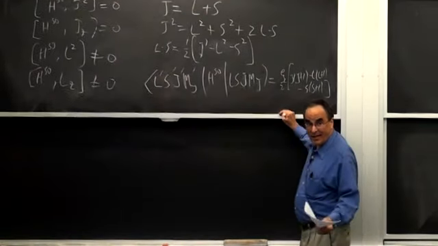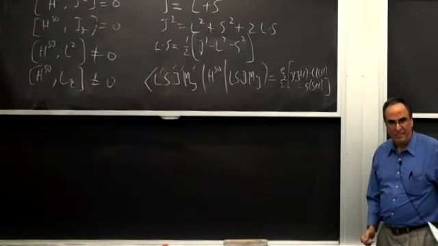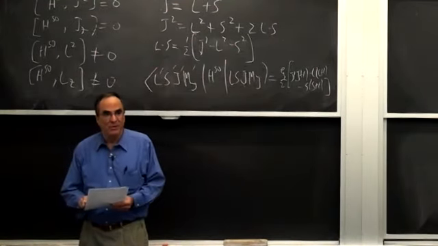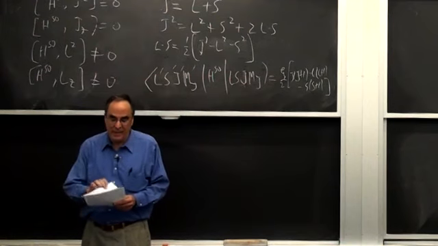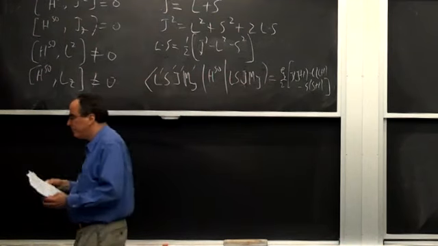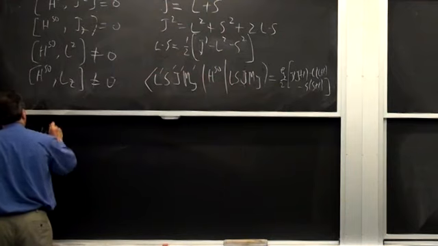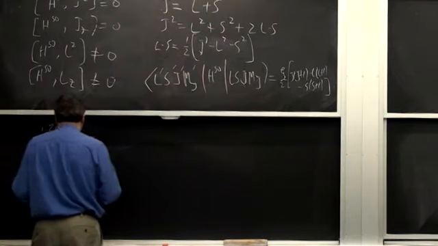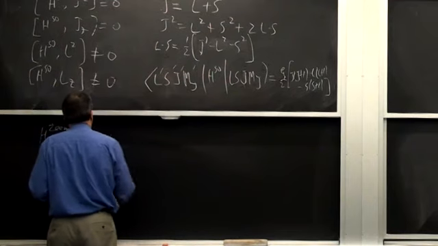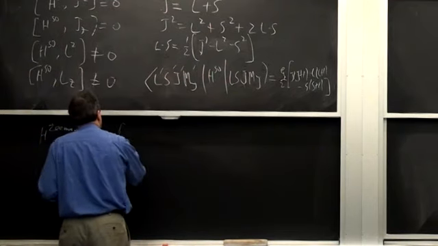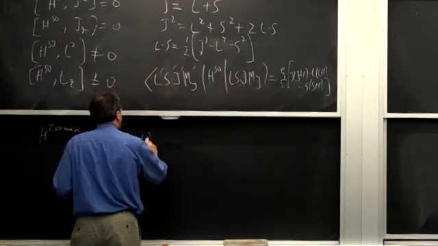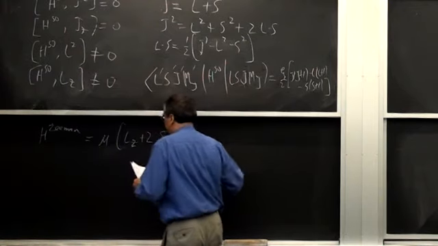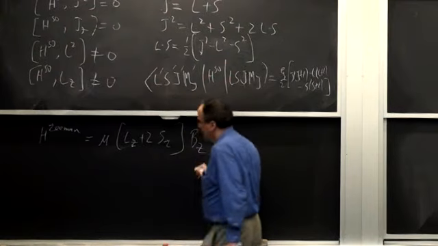And that's the answer. However, sometimes you have a problem because you have another operator that you have to deal with, like the Zeeman Hamiltonian. The Zeeman Hamiltonian is the Bohr magneton times (LZ plus, for chemists it's 2, for physicists it's not quite 2, SZ) times BZ.